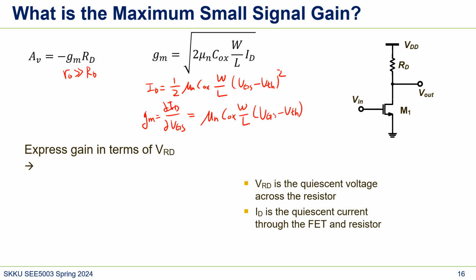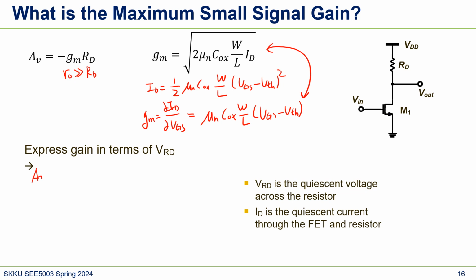If you just compare these two, they're actually the same, right? If ID is here, and you multiply by 2, and then multiply it again, that will be the square of GM. So maybe we can just use that and see how we can get a maximum small signal gain.